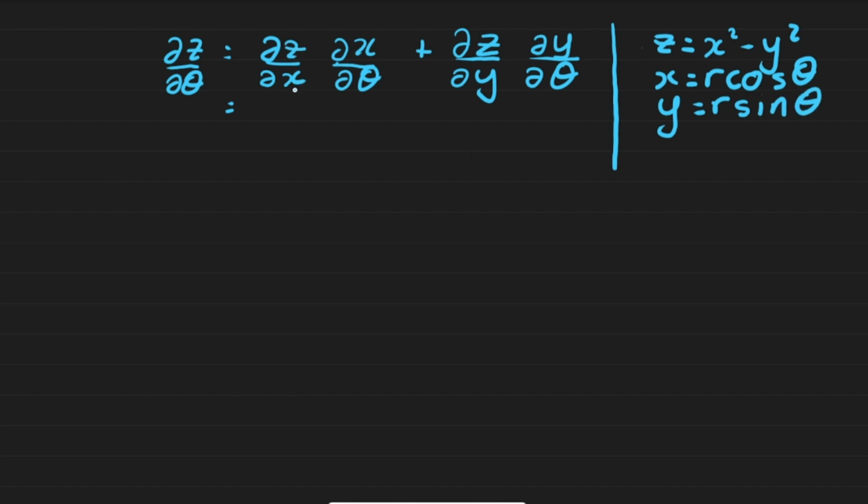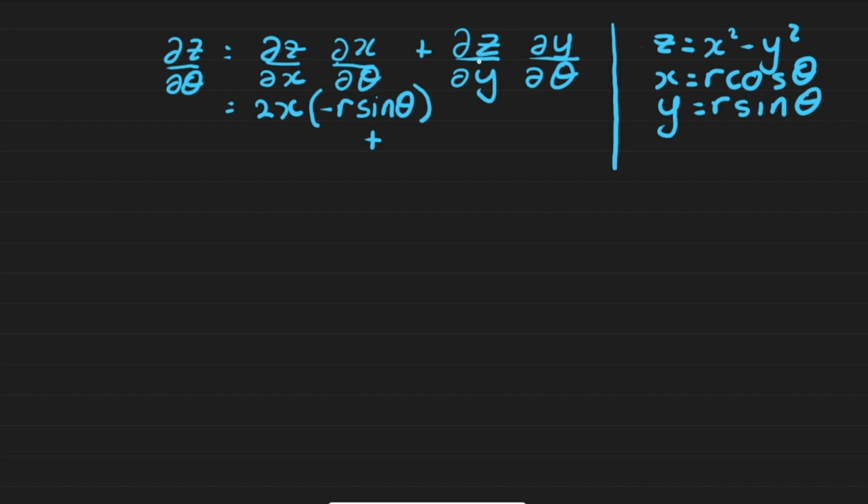So ∂z/∂x is again 2x, and ∂x/∂theta, well, the derivative of cos is minus sine, and r remains as it is because we're treating it as a constant here. So in brackets, we would have minus r sine theta. So the second term, I'll do it on the next line. We're going to have plus.